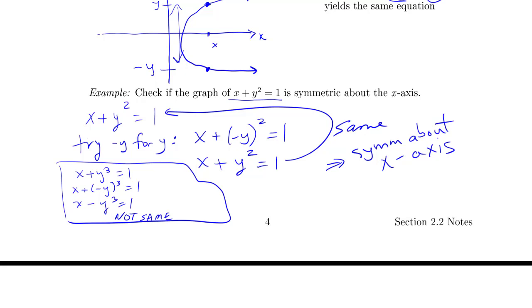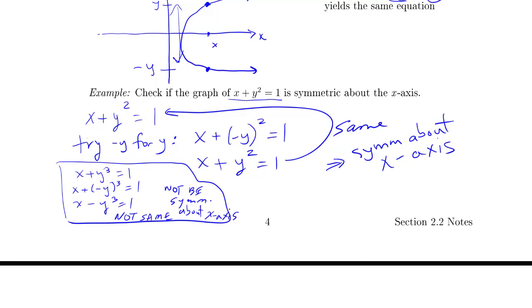So in this case, it would not be symmetric about the x-axis. So there's an example where it wouldn't work.